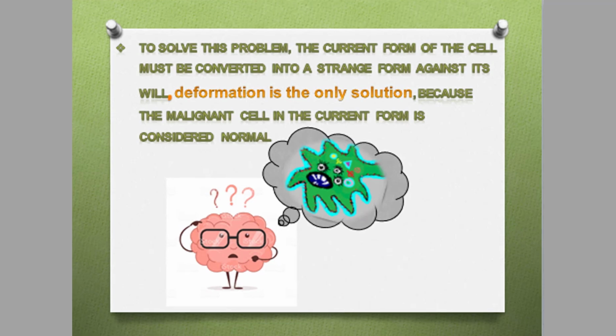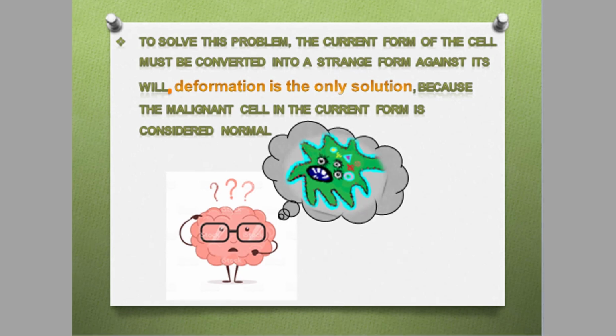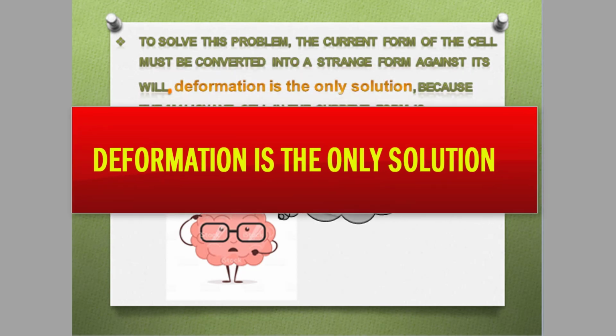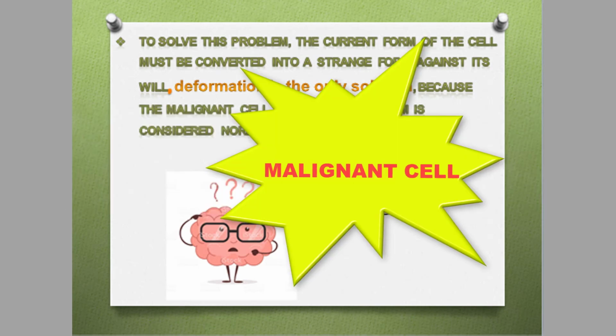To solve the problem, the current form of the cell must be converted into a strange form against its will. Deformation is the only solution. Yes, deformation is the only solution, because the cell in its current form is considered normal.